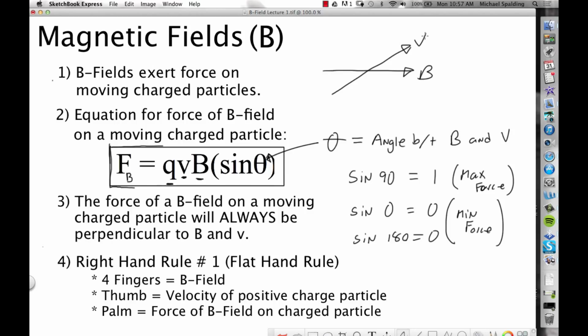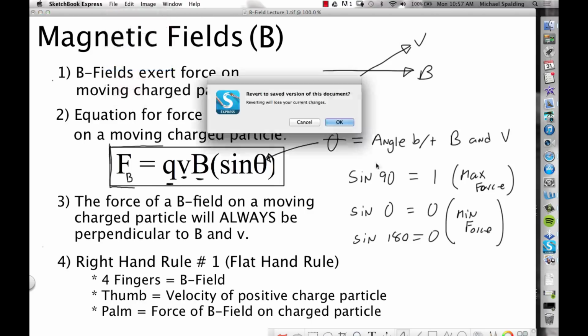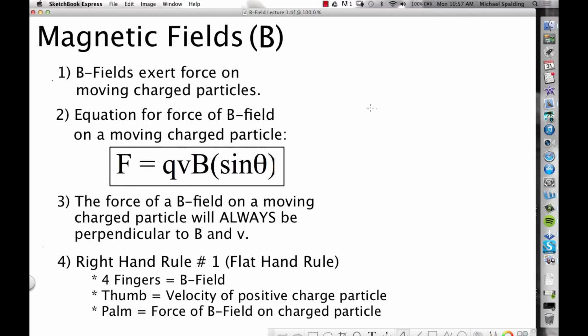Okay? So let's do a problem here. We're going to end with this. All right, so let's say that we have a region of magnetic field. So these X's here, what do X's indicate? In or out? In.